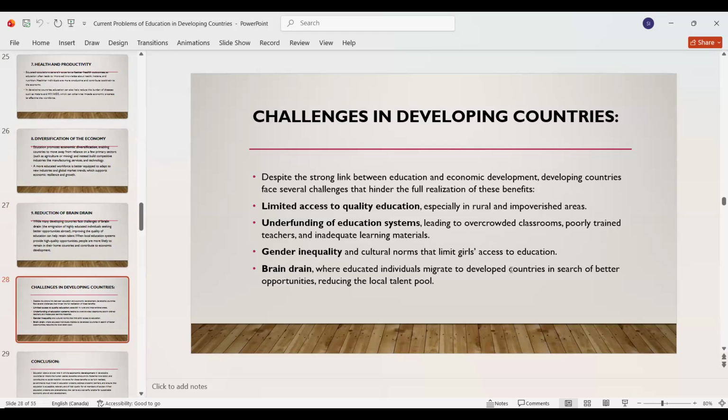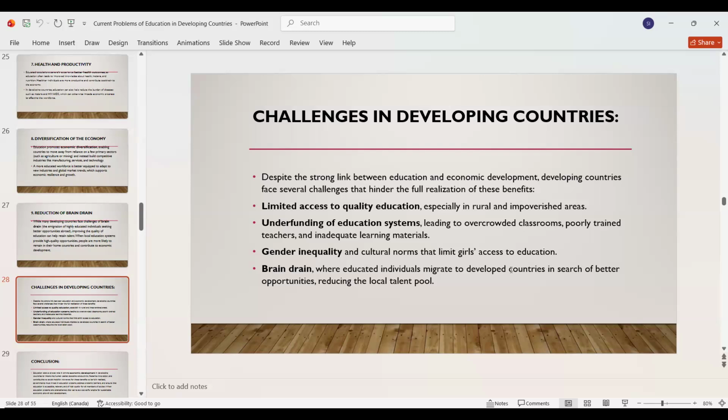Right, so we are experiencing that. Underfunding of the education system, leading to overcrowded classrooms, poorly trained teachers, and inadequate learning materials. So the education system is also lacking.